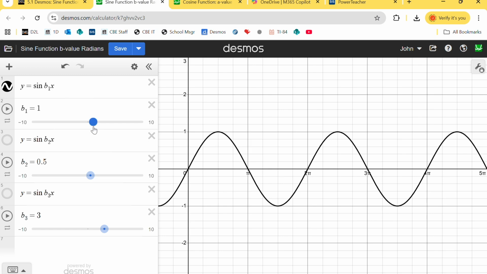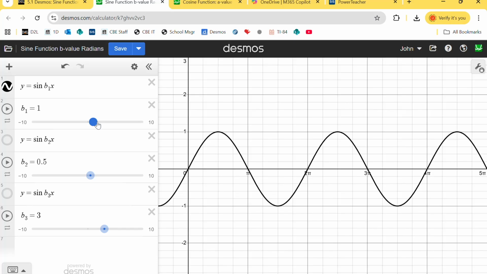Remember that calculation? So it's going to be 4 pi. If I go 1/2 here, we're going to expect the period to be larger, right? It's like you're stretching out a spring, making it longer. The amplitude is going to stay the same because the b value does not affect any y values. It's only x values.